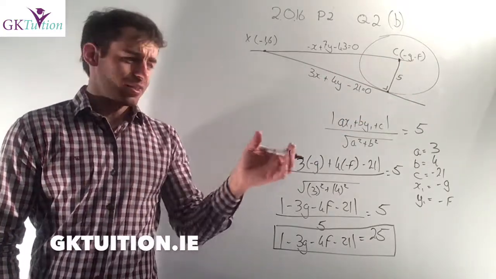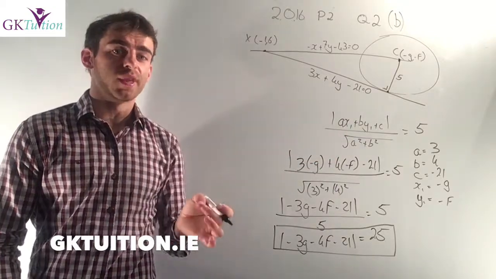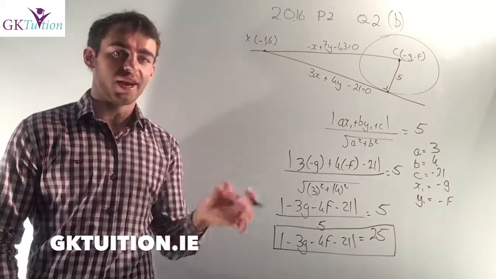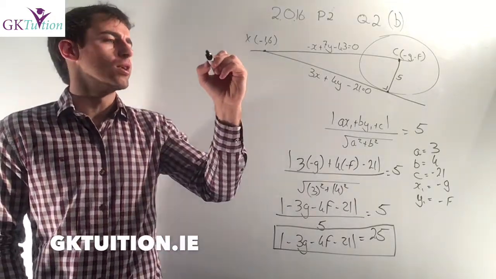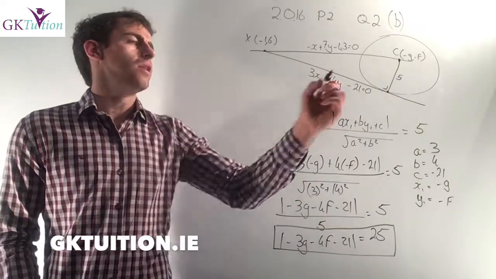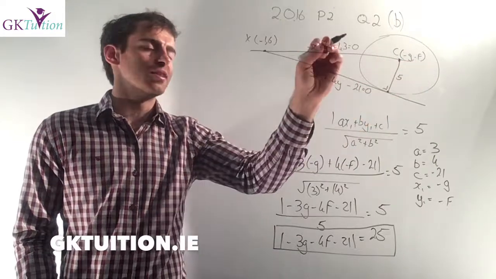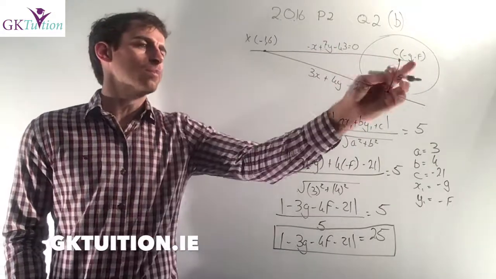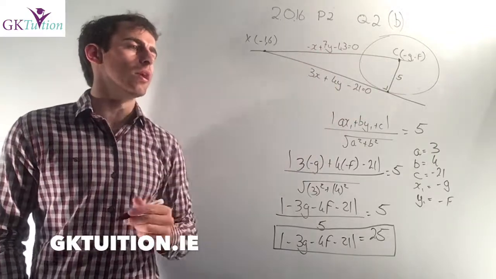Now the other equation that we can use is actually a lot more straightforward than that, but it's harder to recognize. In part A of the question, I worked out the equation of the line xc. And I know that the center of this circle, minus g minus f, is on this line. If this point is on this line, then I can just sub it in as my x and my y.